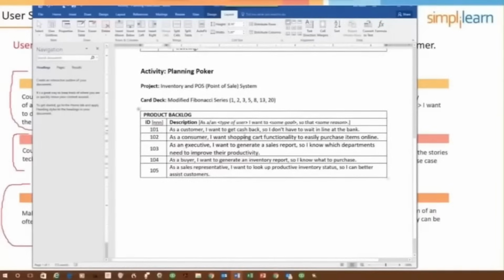As an executive, right, as a suit, I want to create a sales report so I know which departments need to improve their productivity. As a buyer, so you can see I tried to come up with these different roles right here: executive, buyer, sales rep, etc. And that's the format. As a type of user, I want some kind of goal or feature, and so that's some kind of a reason.